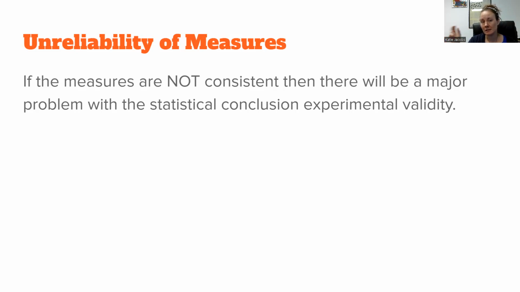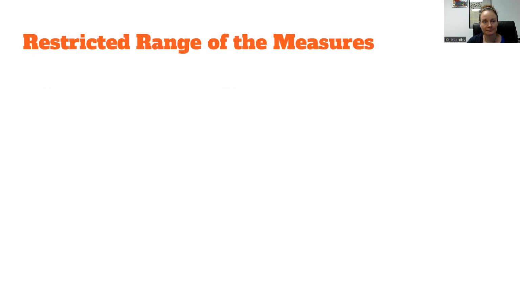You want it to be consistent. If you take it and it says you have a temperature of 104, you take it out, wait 30 seconds for the thermometer to get back to normal and put it back in, and then it says you are 96 degrees, that's not reliable. It's inconsistent, and you can't trust that data.